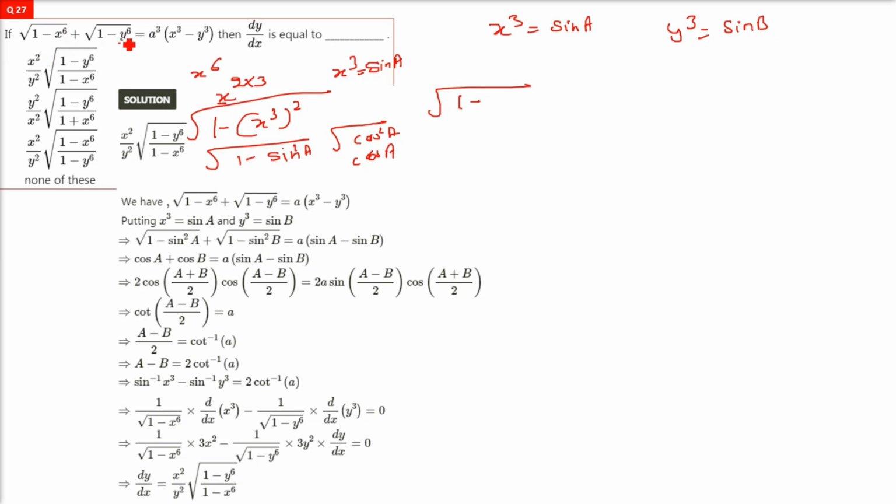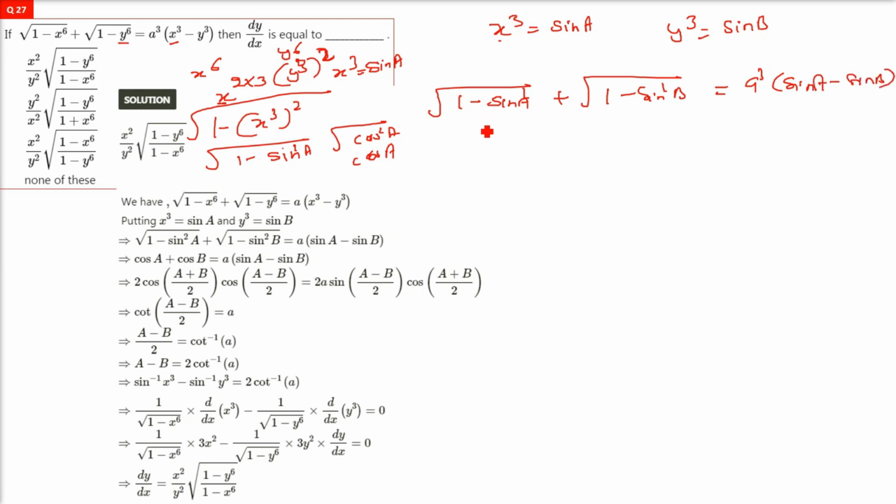I told you how to write this. y^6, similarly we'll take (y^3)^2. So y^3 we have taken as sin b. So it will be square root of 1 minus sin^2 a plus square root of 1 minus sin^2 b. Alright. So it is going to be sin^2 b. This is going to be a^3 and x^3 is already sin a. So sin a minus sin b.